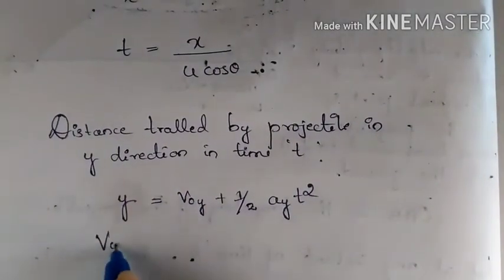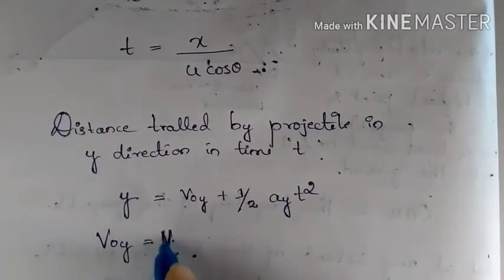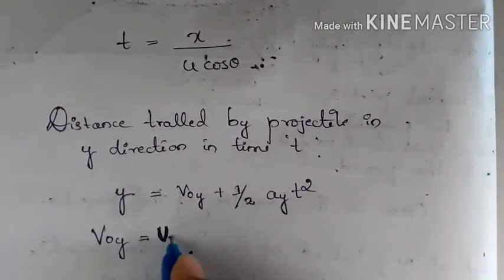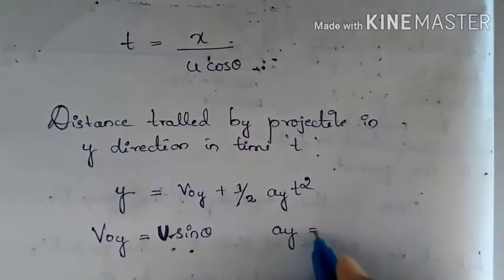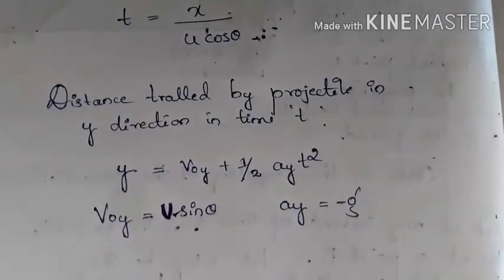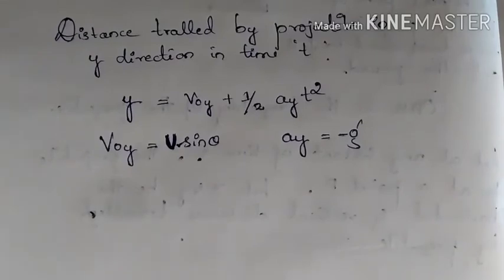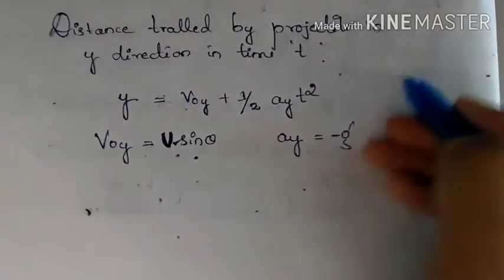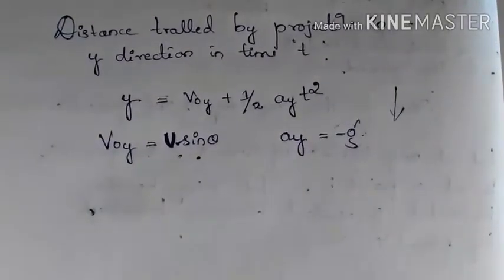So v naught y is u sin theta, and ay is equal to minus g. Why? Because the projectile is moving in a positive y direction, and the acceleration due to gravity is in this direction. So hence we take g as minus g.